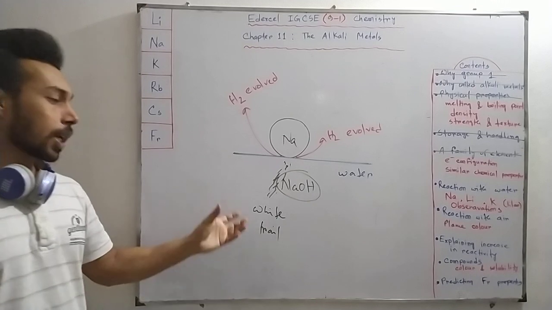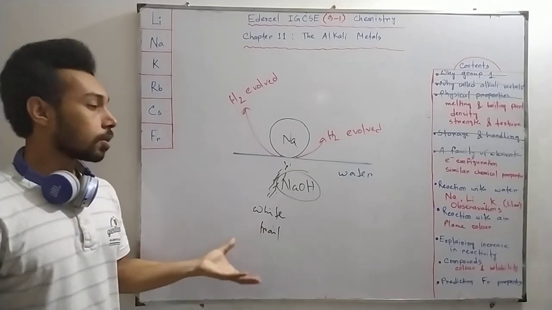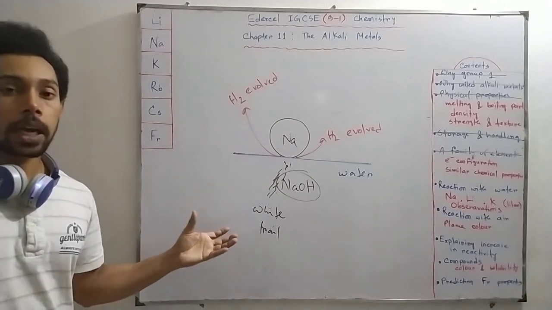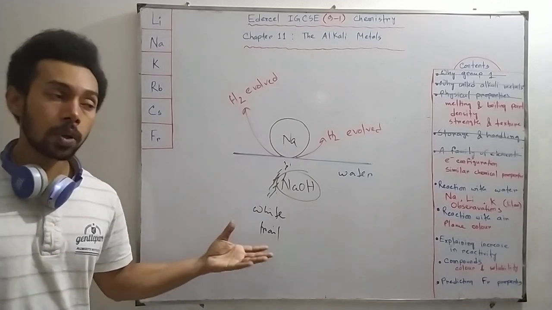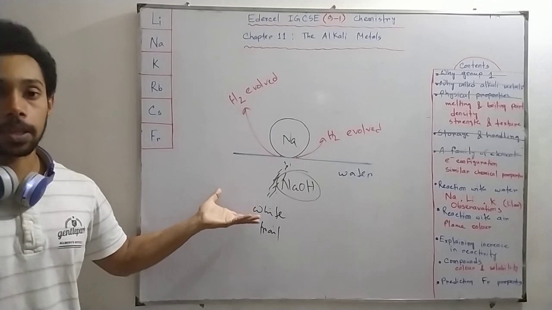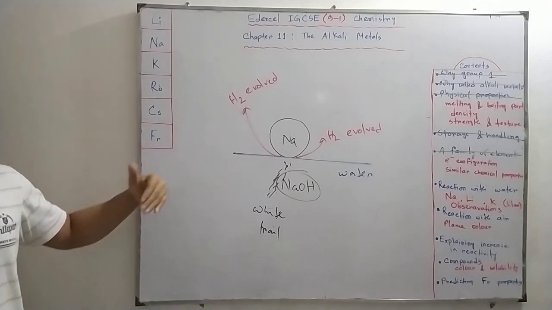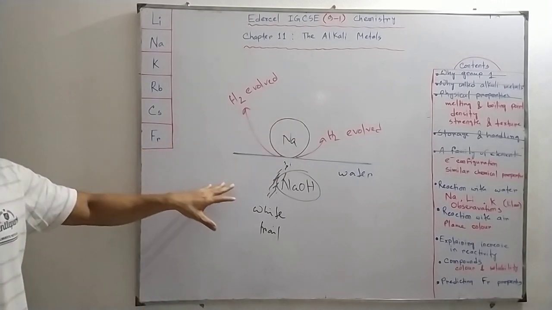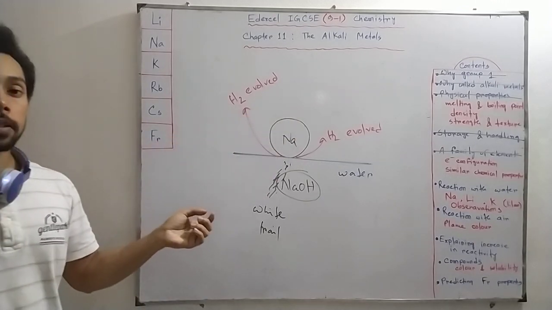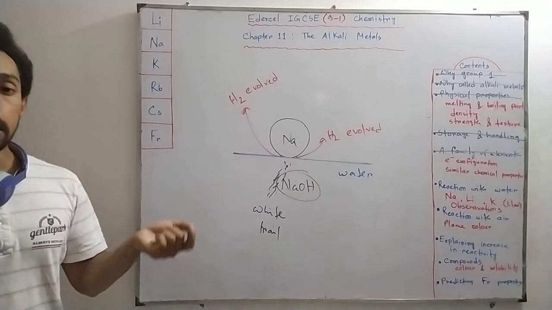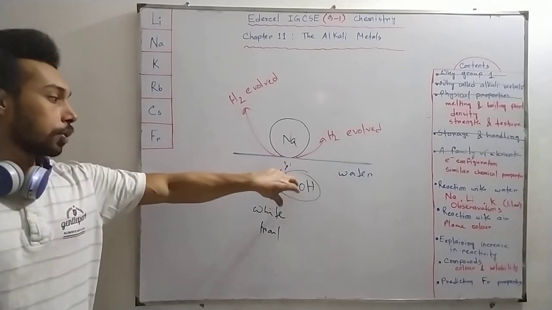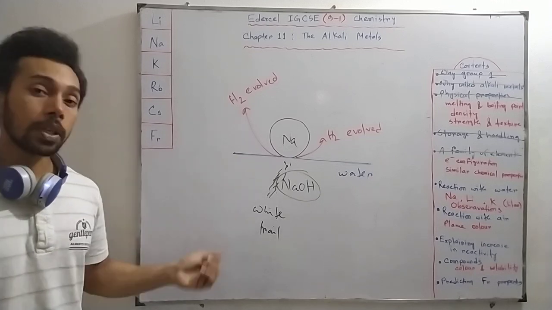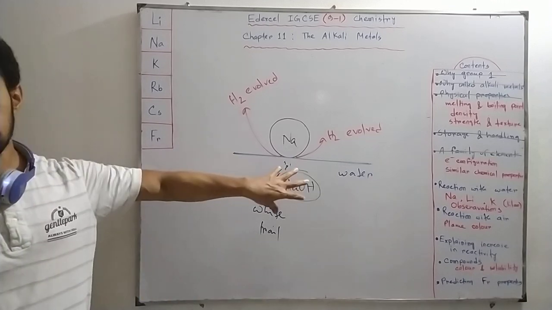Next observation, if you touch the beaker in which the reaction is taking place, you'll feel that the beaker gets warm. Why? Because the reaction is exothermic and heat is produced. And at the end of the reaction, when all the sodium is used up, if you drop some universal indicator solution into this reaction mixture, it will turn blue, showing that the solution is alkaline.